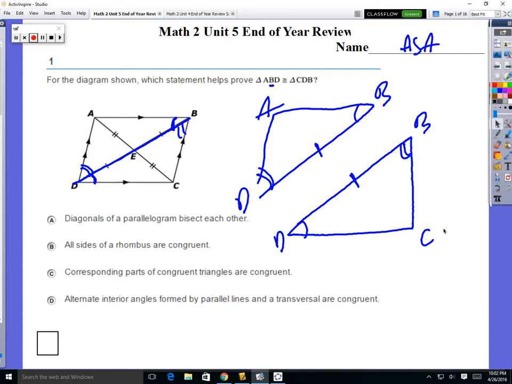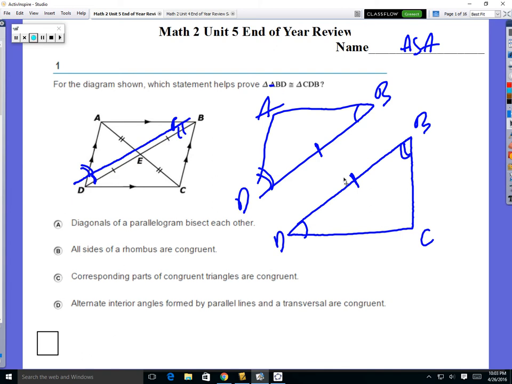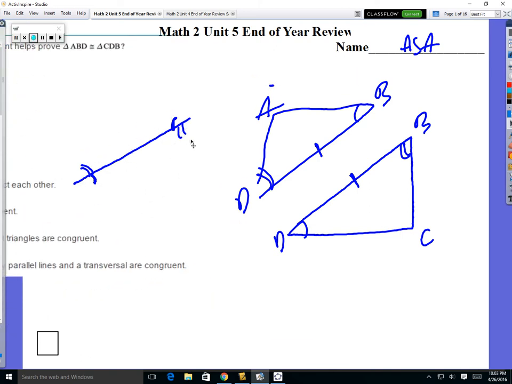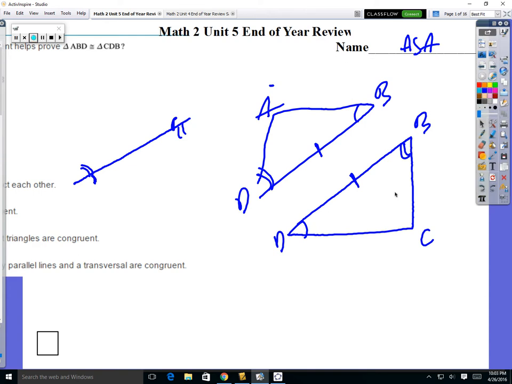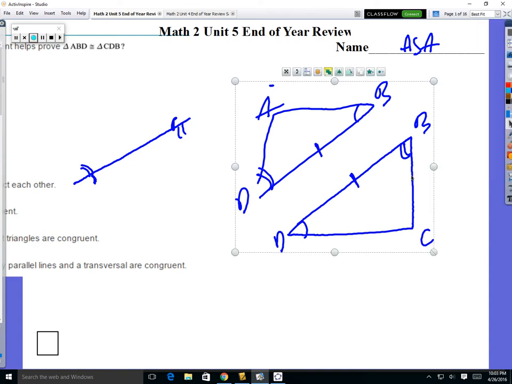If I can... I don't want to do that. Skew this over. Dang it. I want to grab this triangle. Just this guy right here. So pretend I grab it on B and then I rotate.